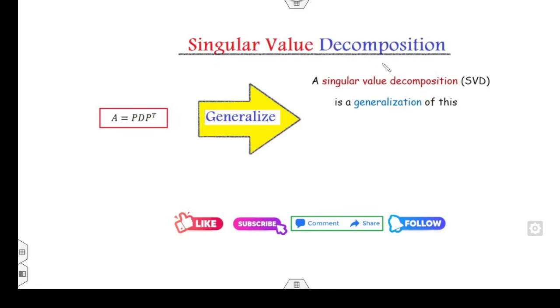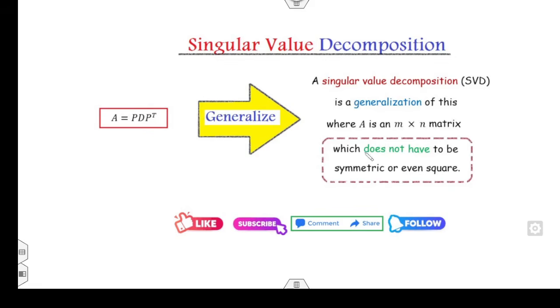Is it clear why there is a need for singular value decomposition? That means we can generalize the transformation PDP transpose to the singular value decomposition. In this generalization, we can consider any matrix. It may be square, it may not be.